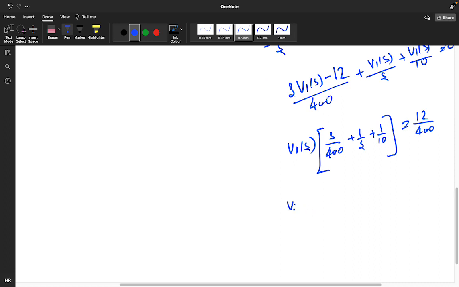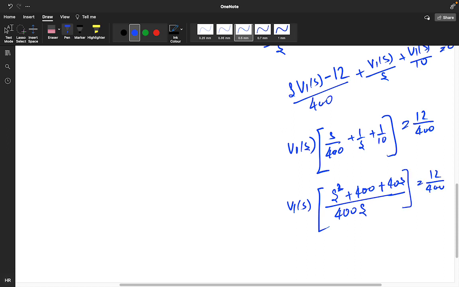Solving for v1 of s, 400 as LCM, you get an s square term, and here 400 term, plus 40s will come, and the 12 by 400 will get cancelled out.